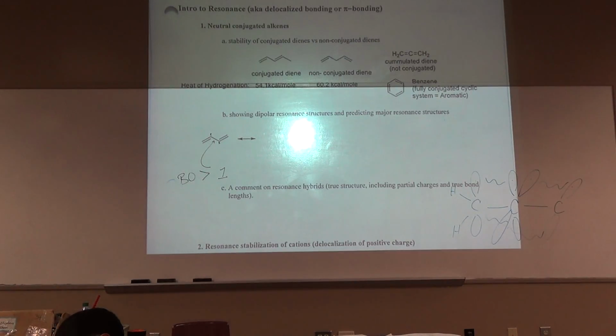Look at the other resonance structures. What type of bonding did we have between 2 and 3 in the other resonance structures? What about the second resonance structure we drew? Was the bond order 1 or 2 in that one?